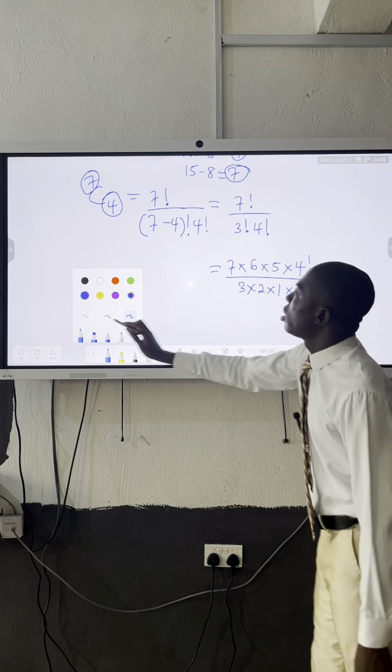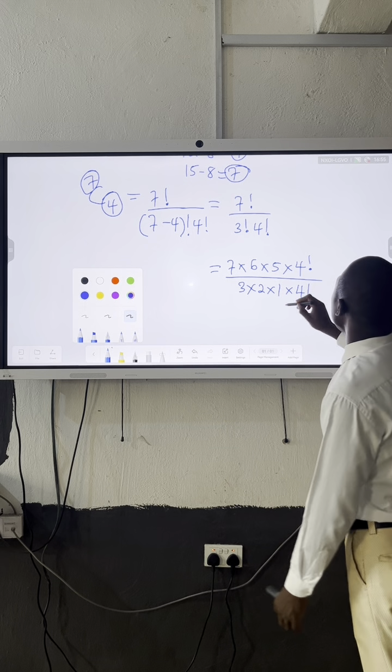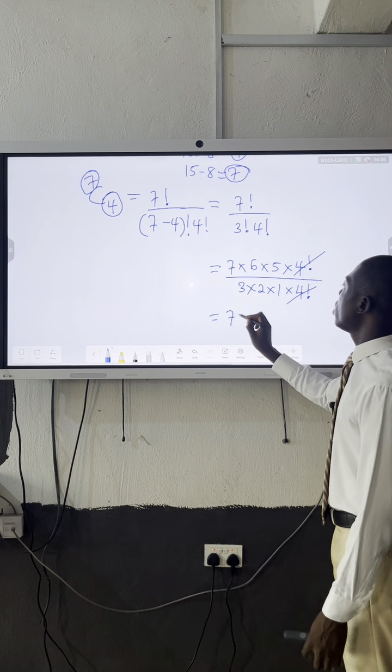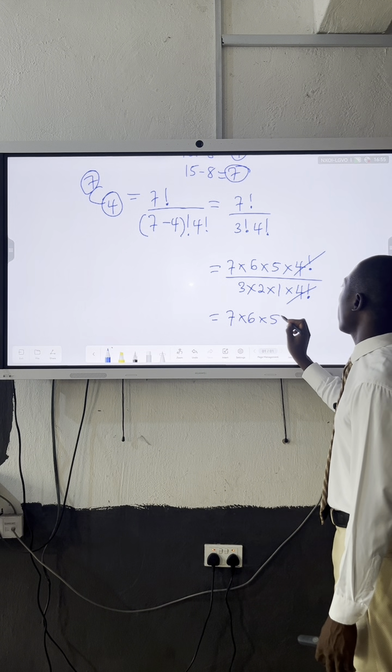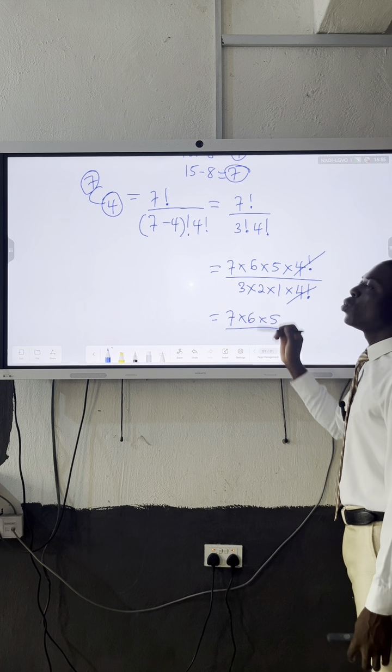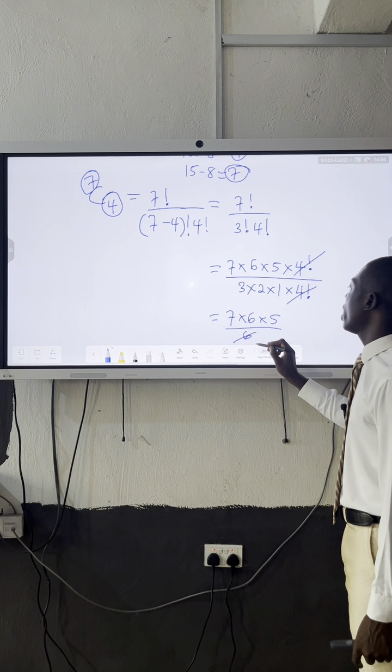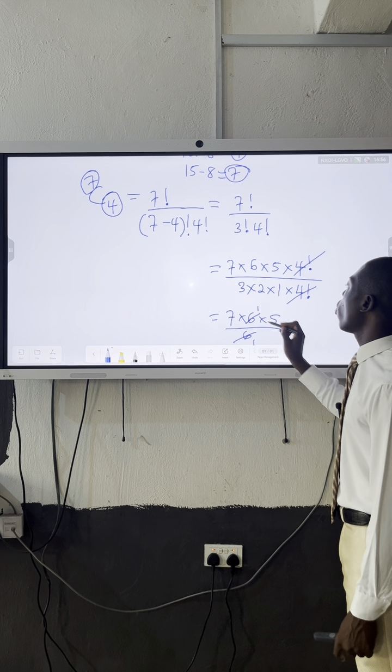So 4 factorial cancels 4 factorial, and you will now be left with 7 times 6 times 5 all over 3 times 2 times 1. 3 times 2 is 6, and 6 times 1 is 6, so the 6 on top cancels the 6 below.